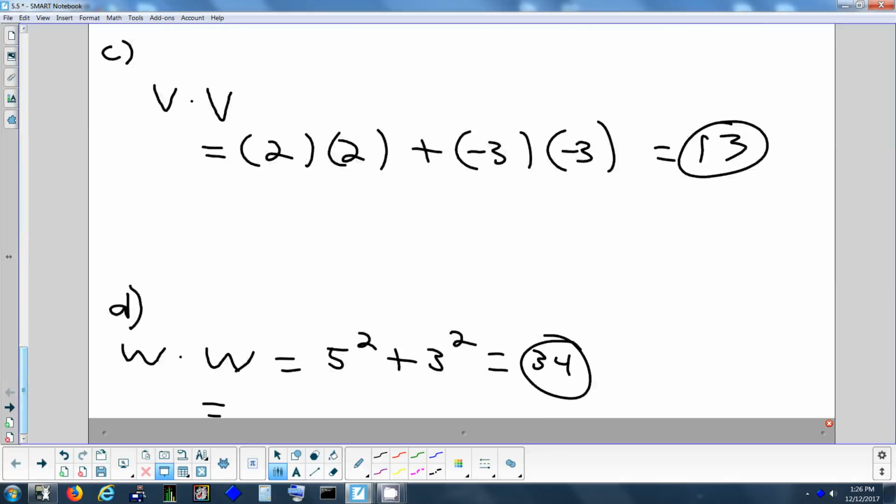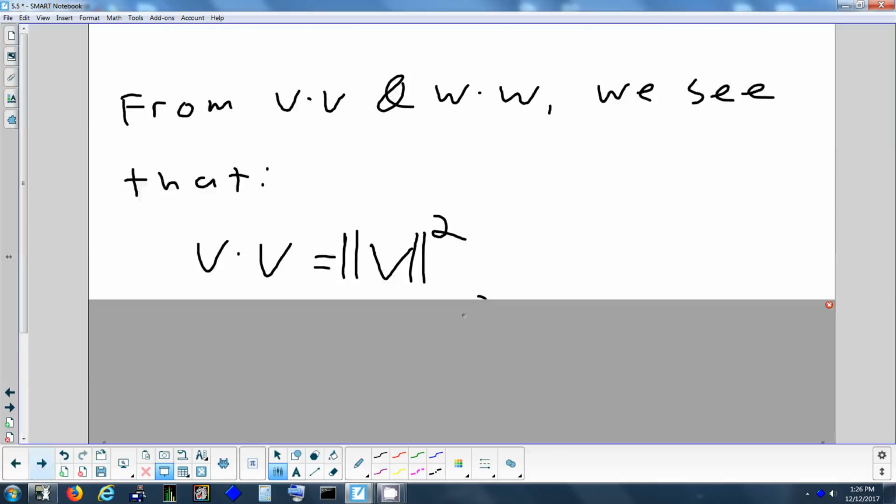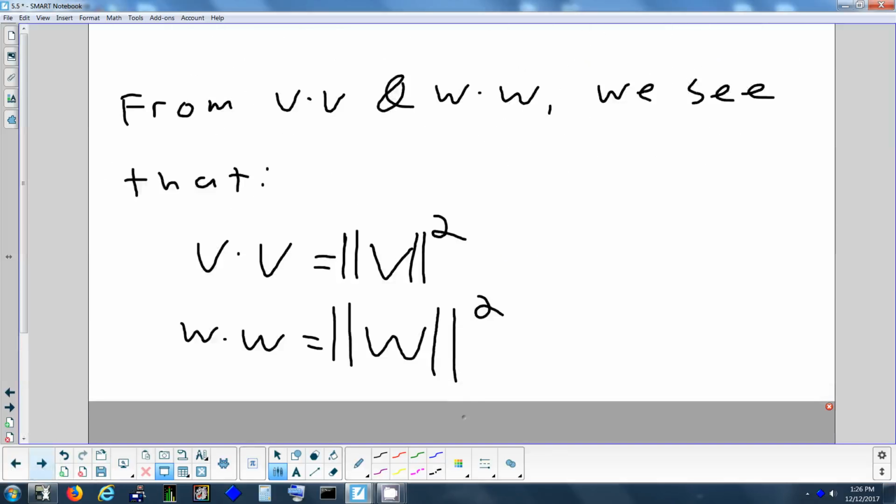You didn't take the square root of it. Same thing with w dot w. Any question on that? Dotting a vector with itself gives you the magnitude squared. If you were to take the square root, then you would have just the magnitude.